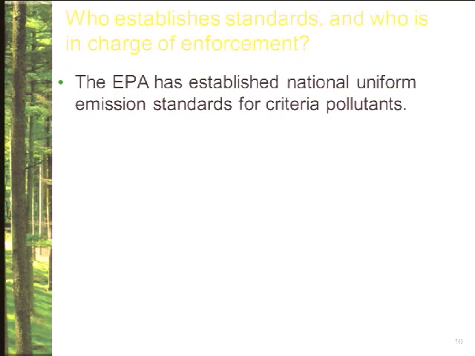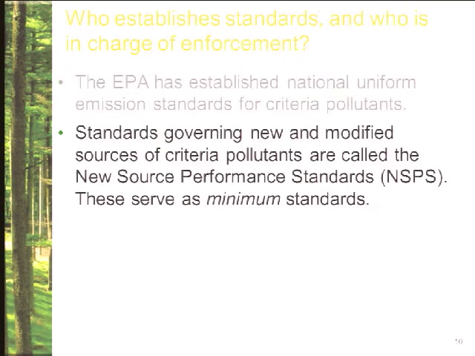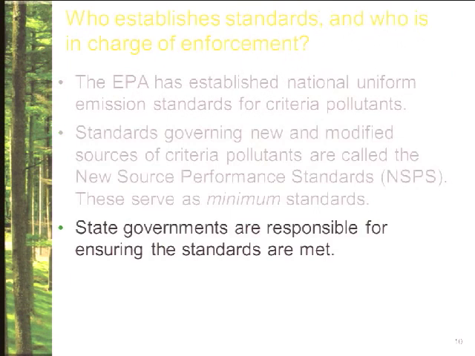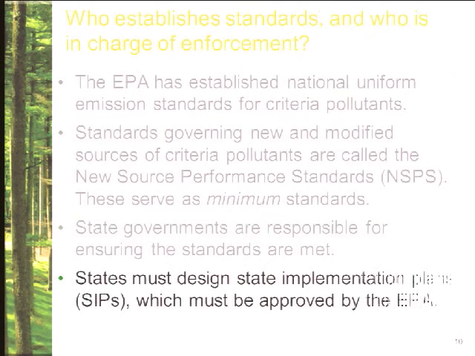Once they've set these standards, they turn to each state and ask the state to develop an implementation plan for achieving those targets. Those are referred to, as I've already noted, as state implementation plans, or SIPs. The states develop the plans and have to submit them to the Environmental Protection Agency for approval. Fundamentally, the EPA is saying, we're going to set the targets or standards, and each state must develop an implementation plan for enforcing and achieving those targets, but we, the EPA, must approve whatever plan they put in place.